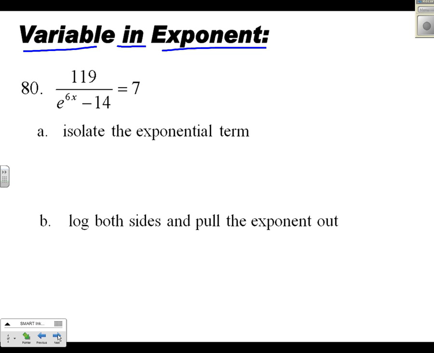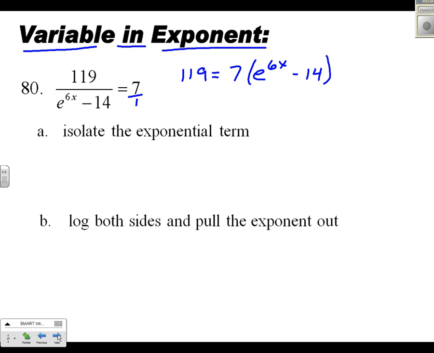So I want to get e to the 6x alone. So what do I need to do for that? Let's go ahead and I think I'm going to make this 7 on 1. I'm going to cross multiply here, and I get 119 equals, I think I'm not going to distribute this, 7 times e to the 6x minus 14.